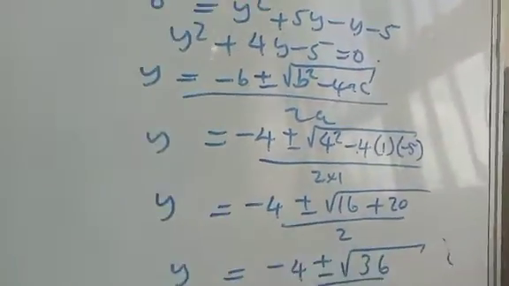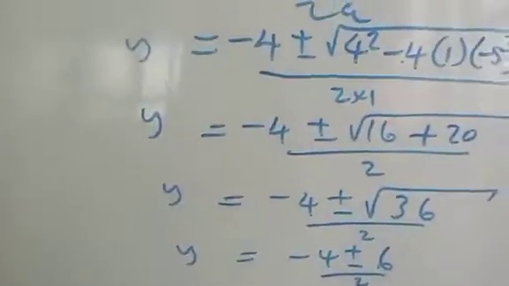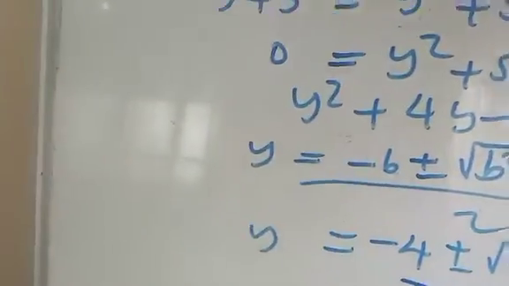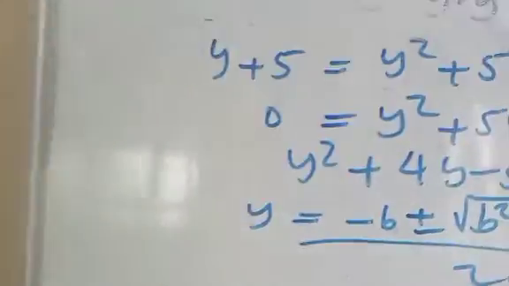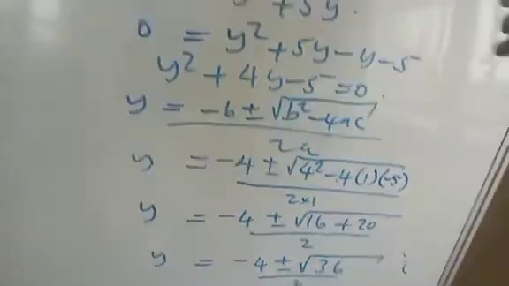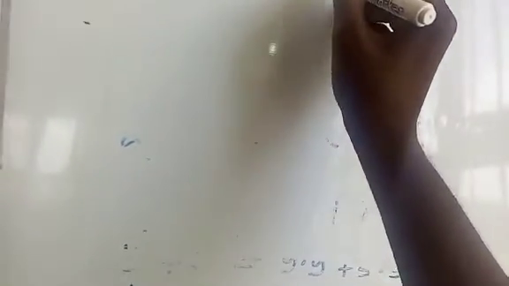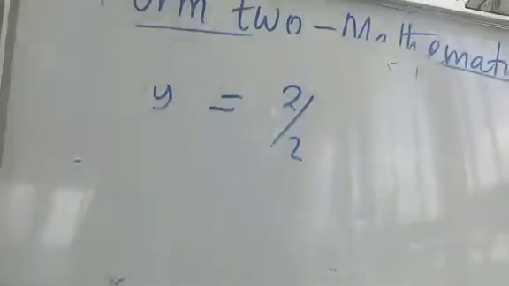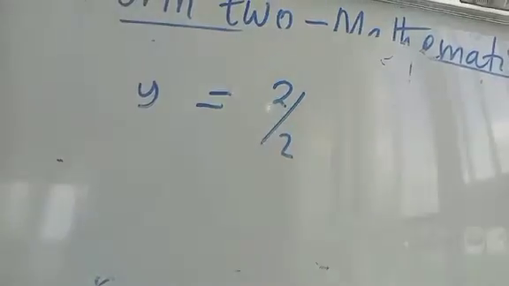So now we can find the value of y. After simplifying that one, we'll have y equals to how much? So y is equal to positive 2 divided by 2, because negative 4 plus 6 remains with 2.